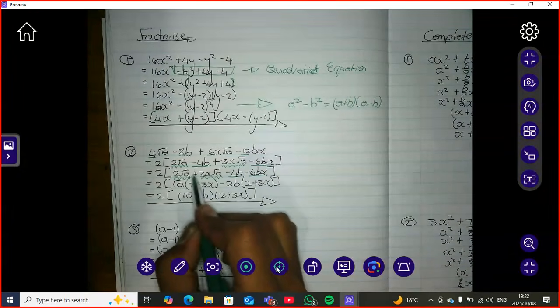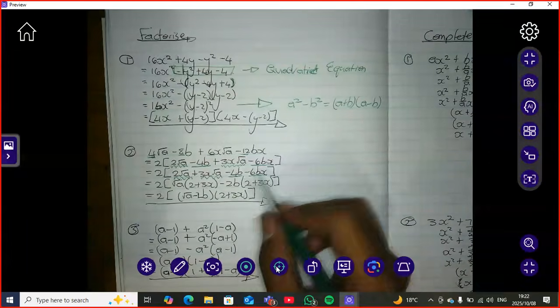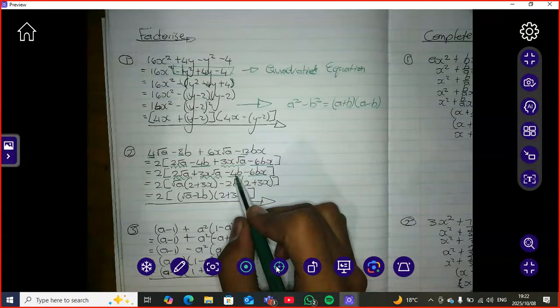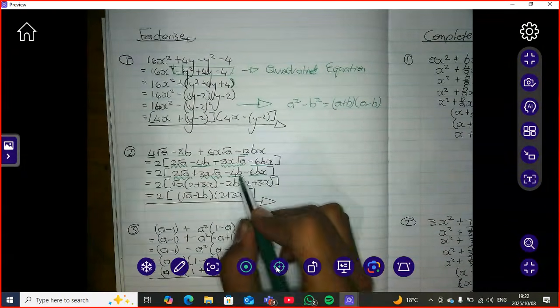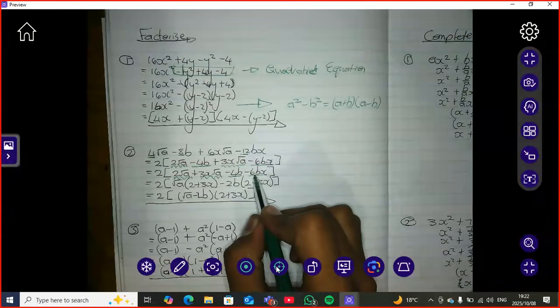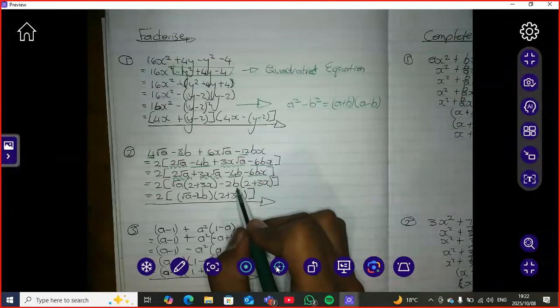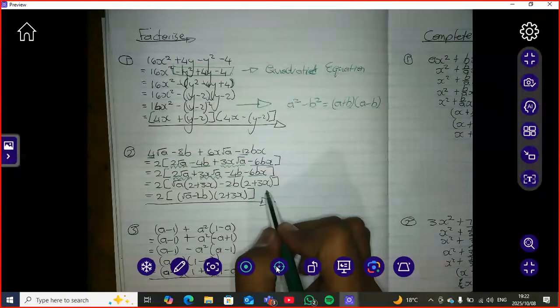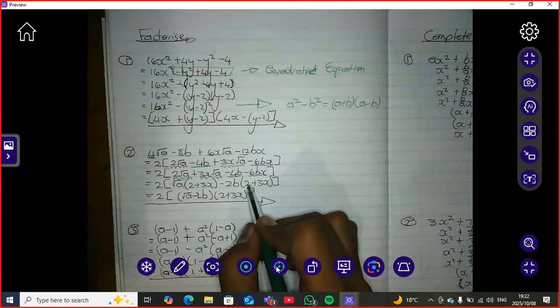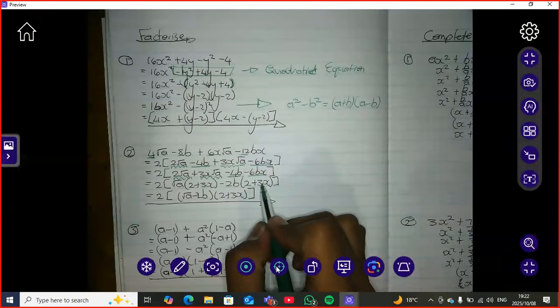Don't forget the sign in the middle. Again on this side, I take out the highest common factor of my two like terms, a minus 2b, and then I write what's left over: a 2 and a positive 3x.